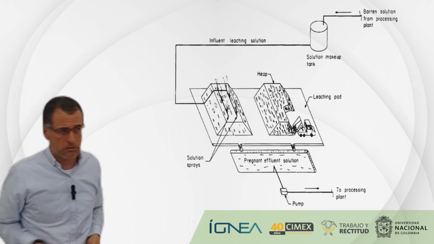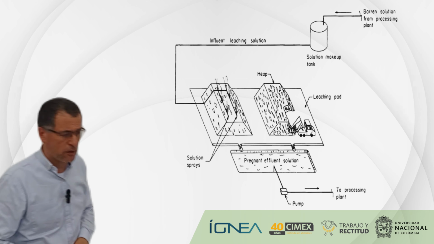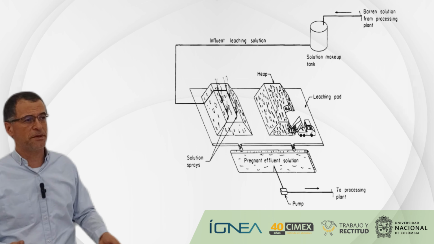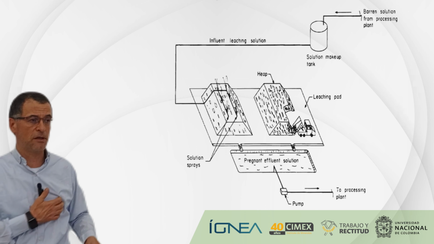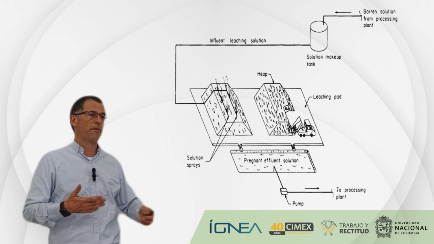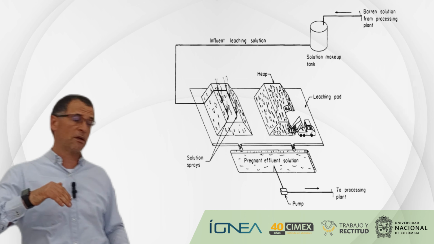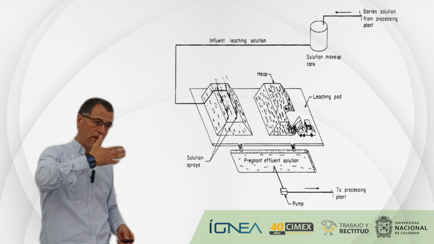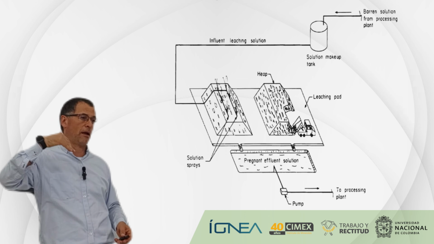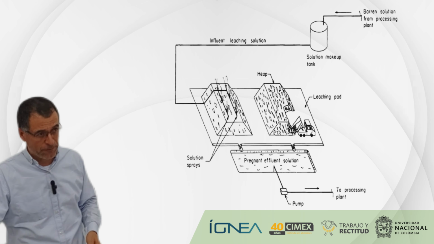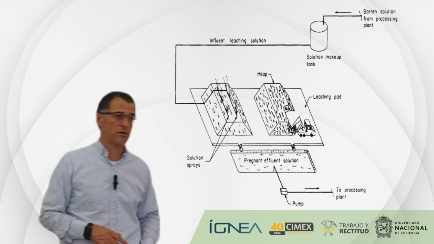It's common. There are some pictures that could be easy to understand, because these leaching methods are very common when you have the conditions. But it's important to create a pool, a place in order to obtain the leaching solution before it goes to the processing plant.